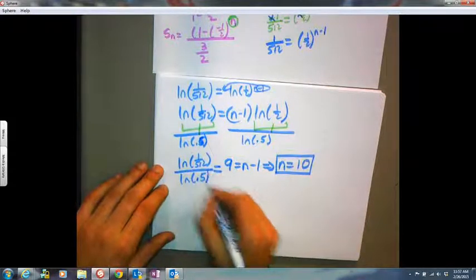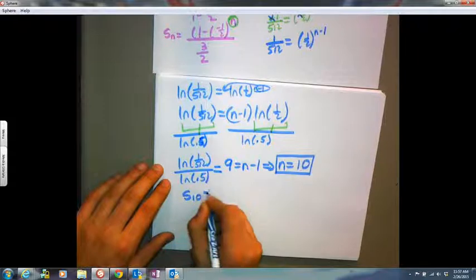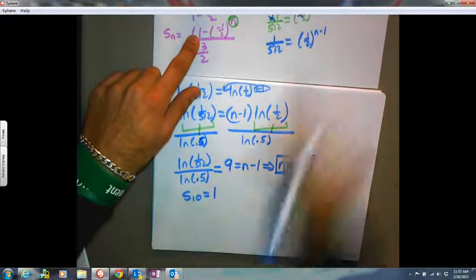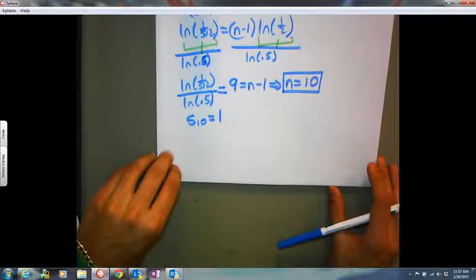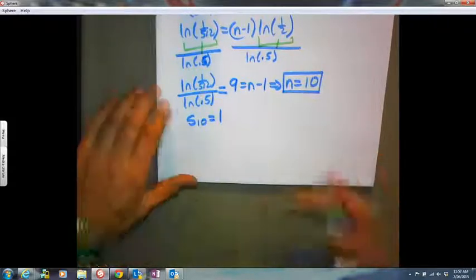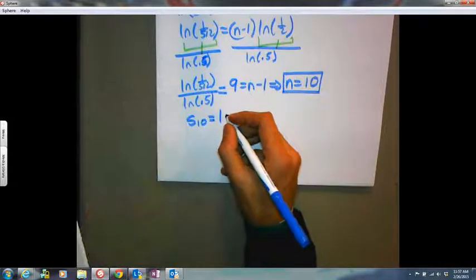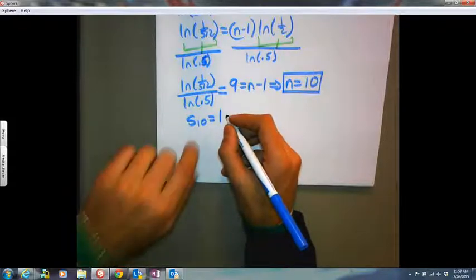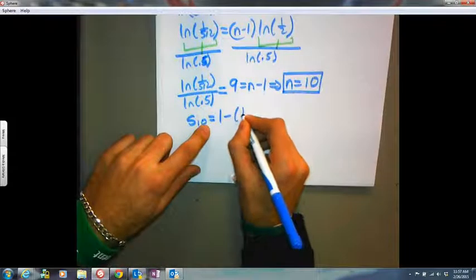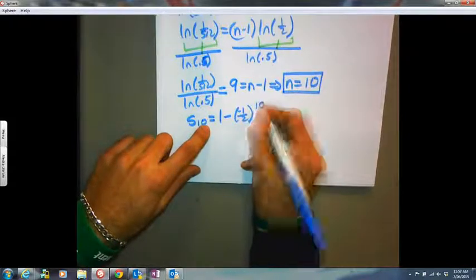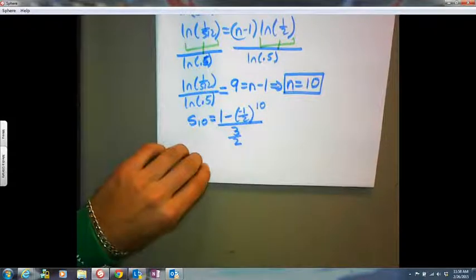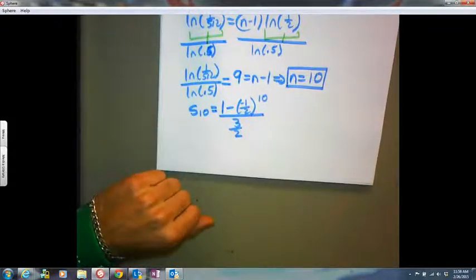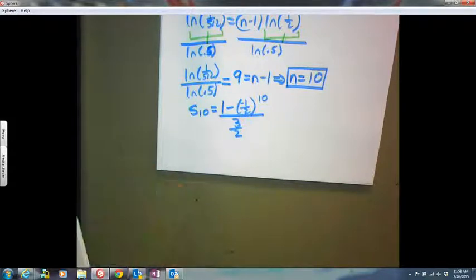So S10 equals 1 minus negative 1/2 to the 10th power, all divided by 3/2. Because all we did is we took a 10 and put it here for n.